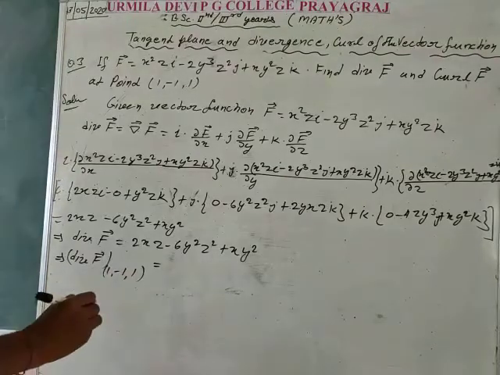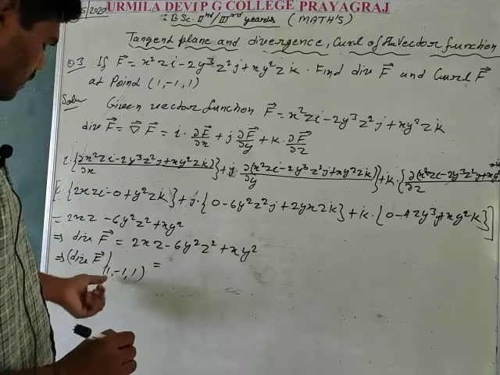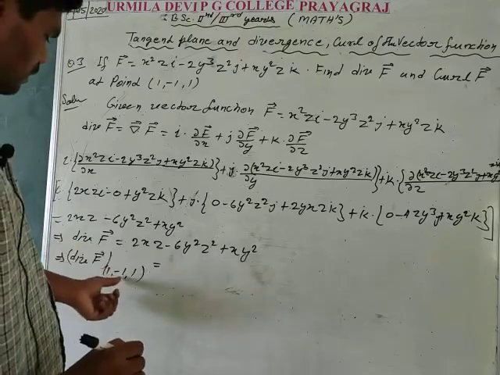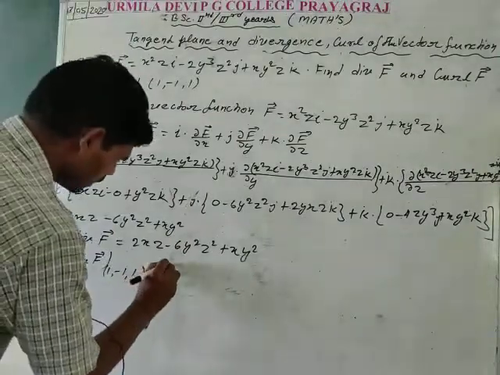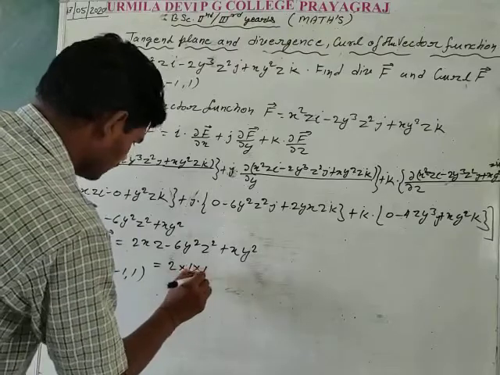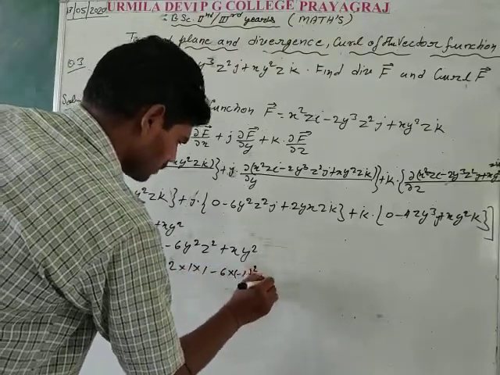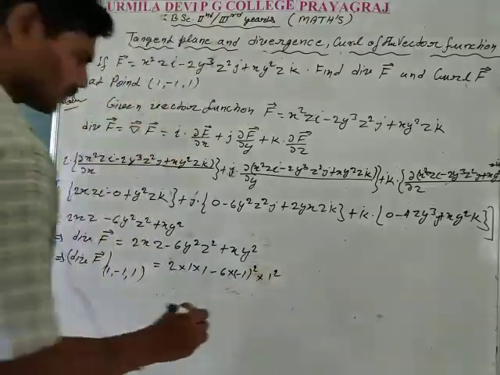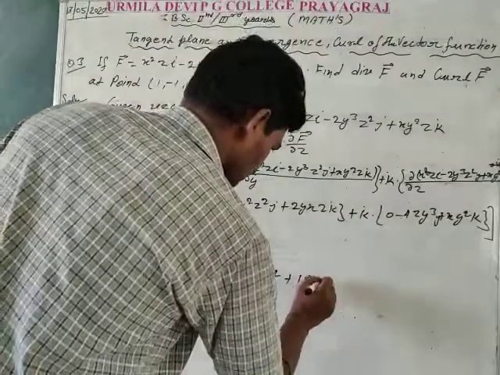On the right hand side, x is replaced by 1, y by minus 1 and z by 1. So 2 into 1, minus 6 into minus 1 whole square into 1 whole square, and at last 1 into minus 1 whole square.